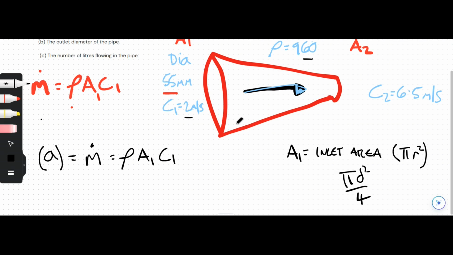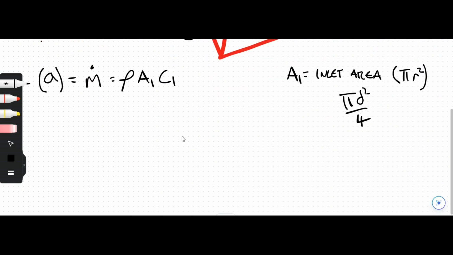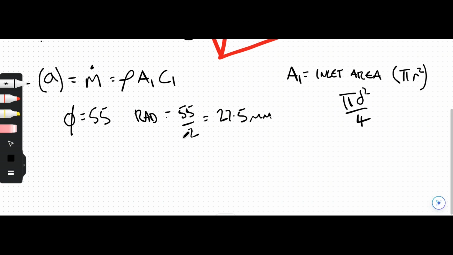So we've got 55 mil. The diameter is 55, which means the radius is going to be 55 divided by 2, which gives you 27.5 millimeters.